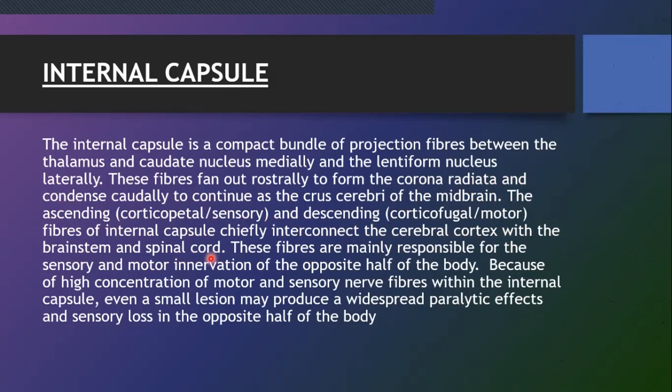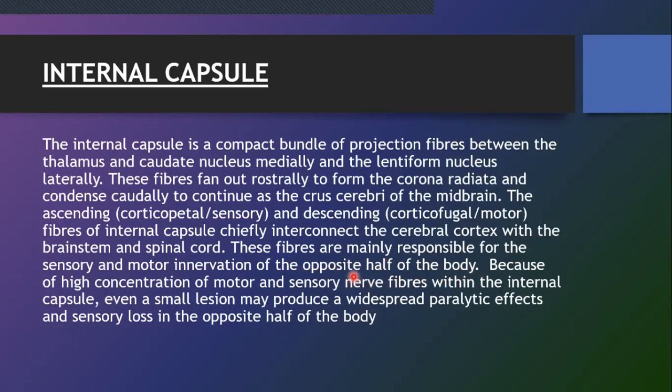So fibers which move from the cerebral cortex to the spinal cord must pass through the internal capsule. Now, these fibers are mainly responsible for sensory and motor innervation of the opposite half of the body.